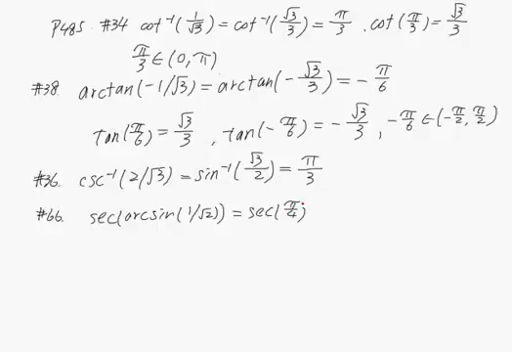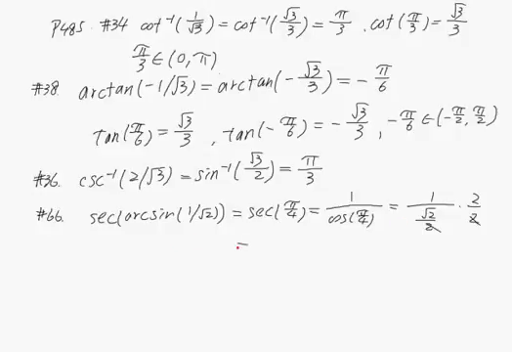And then, if you are not familiar with the secant, you can use the cosine. This is equal to 1 over cosine of pi over 4, right? And the cosine of pi over 4 is equal to root of 2 over 2. Then you simplify this complex fraction by multiplying both the numerator and denominator by 2.